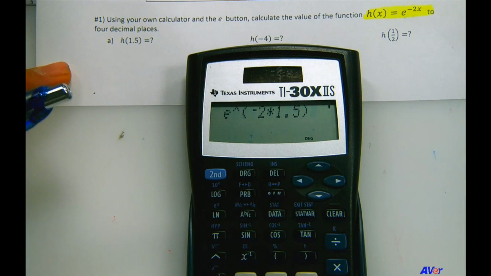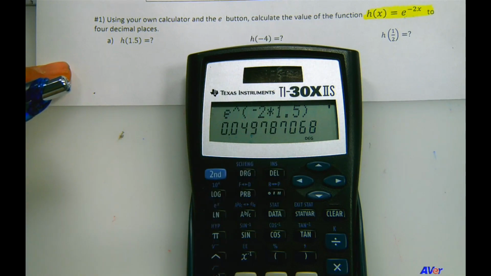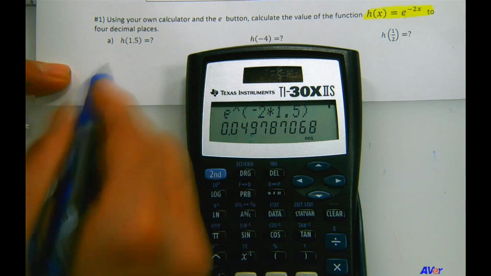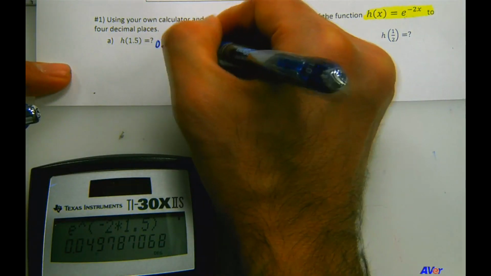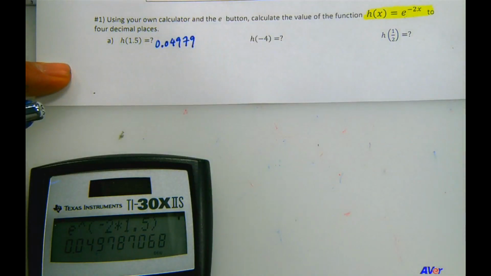Okay, now hit enter. If you did everything correctly, then we should have this result on our calculator. Do you have that result? If not, look back at what you did wrong. Okay, this is the result we want. So let me write it down. It is 0.0497. I'm going to round the 8 to 9. Okay, so that's that.